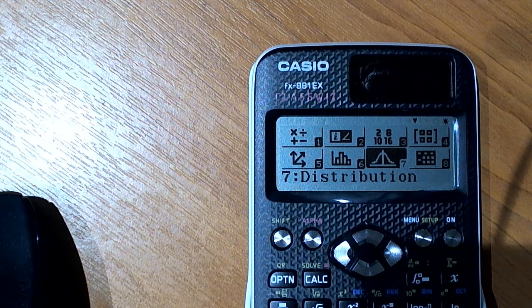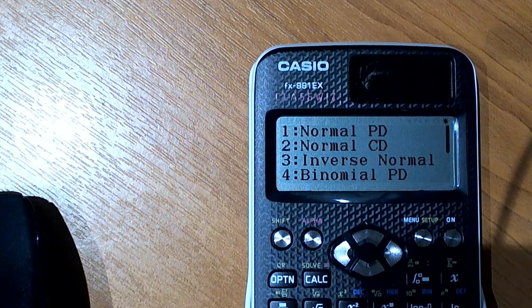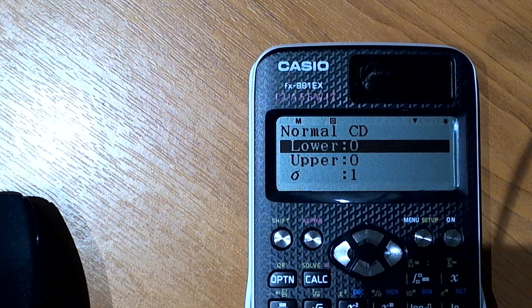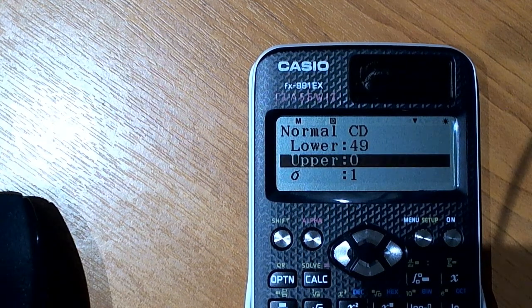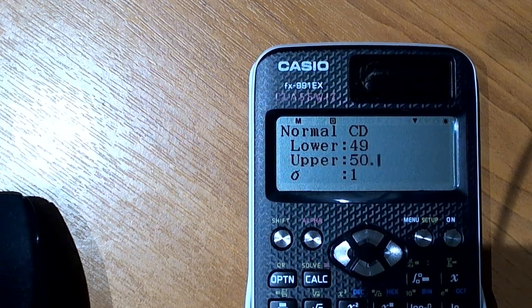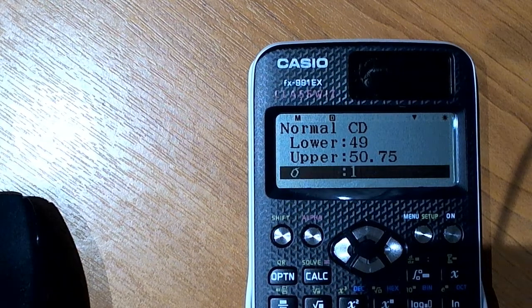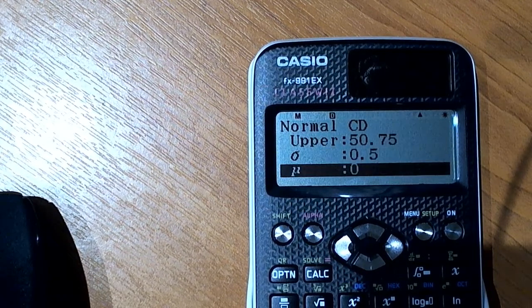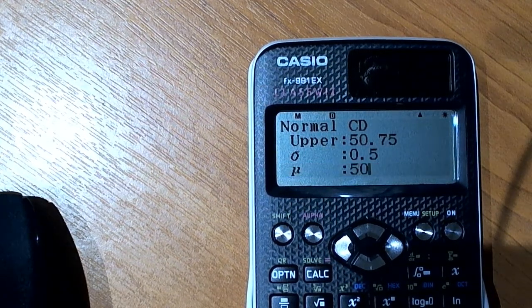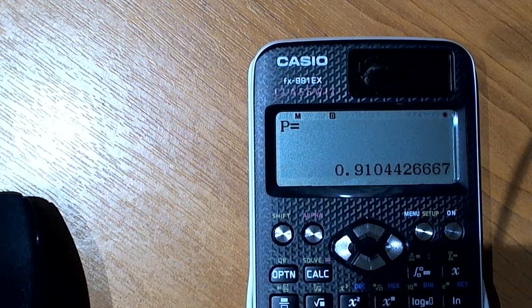So again, we're going to use menu 7. This time it's option 2, normal CD. The lower bound that we want is 49, upper bound 50.75. Our sigma is going to be 0.5 and the mu is going to be 50. And then press equals.